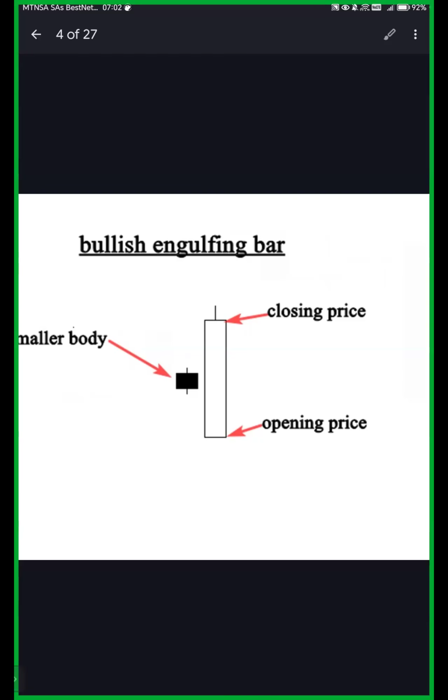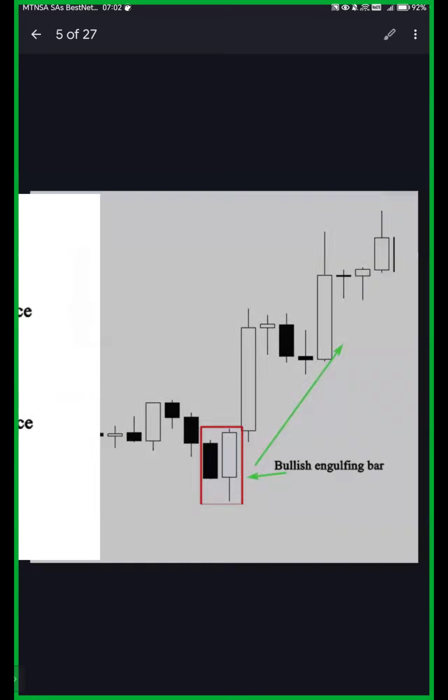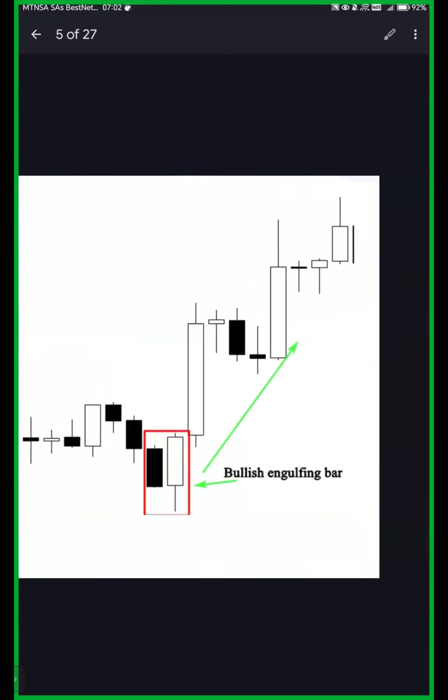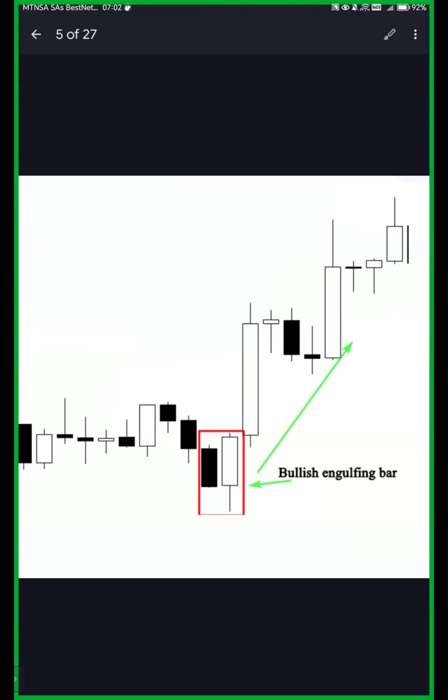If you do not find engulfing bars, whether they are bullish or bearish, you might find other candlestick chart patterns. Maybe you may want to have a glimpse of this bullish engulfing bar right here.